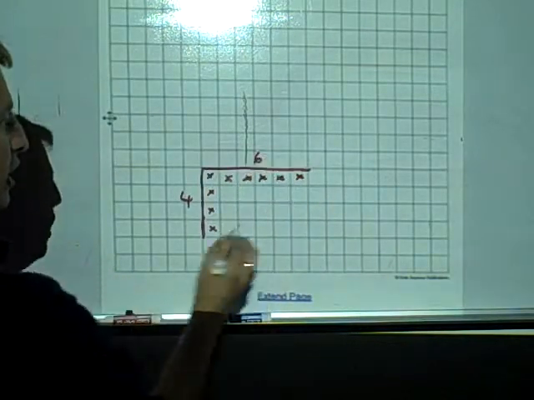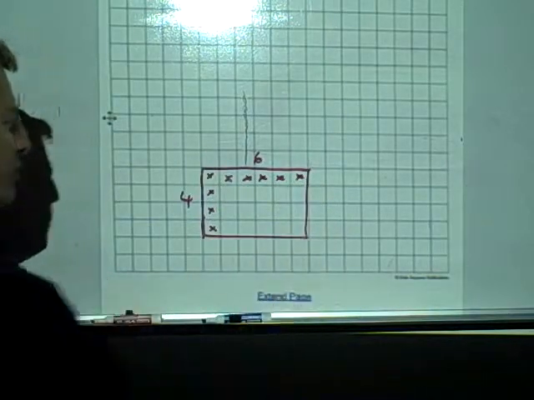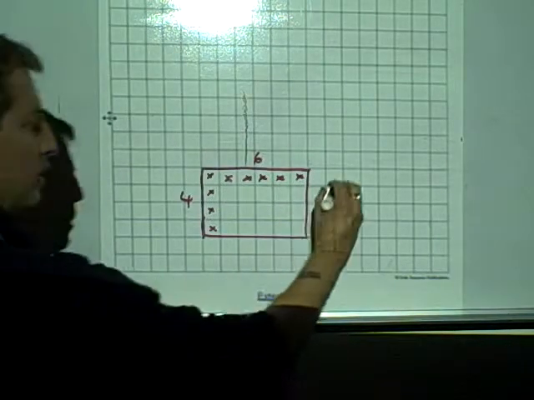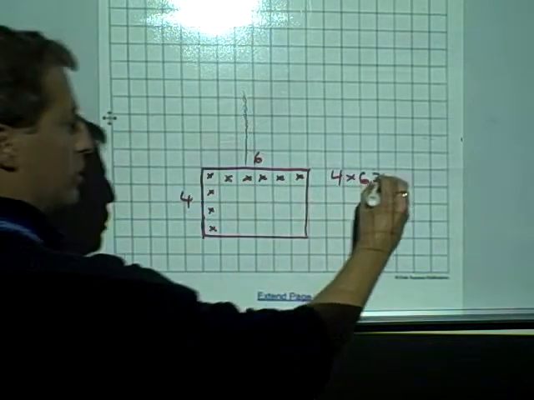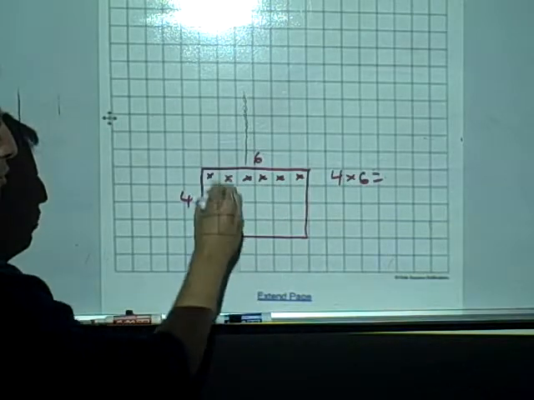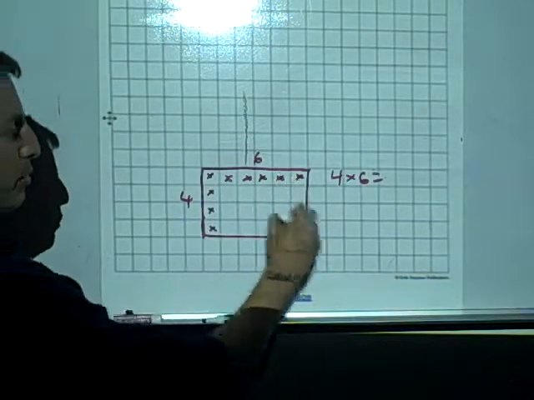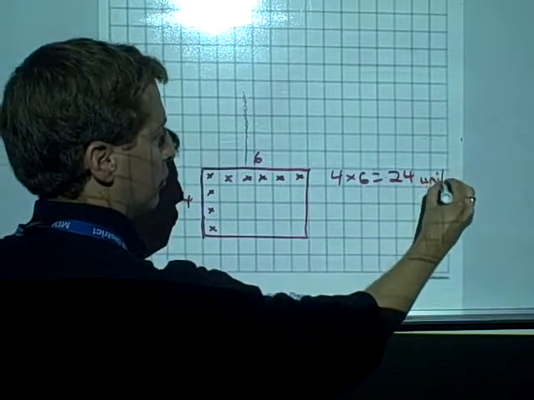So this is a 4 by 6 rectangle. How do we find the area? Again, we can use multiplication. 4 times 6 equals 6 plus 6 plus 6 plus 6, or 4 plus 4 plus 4 plus 4 plus 4 plus 4. 24 square units.